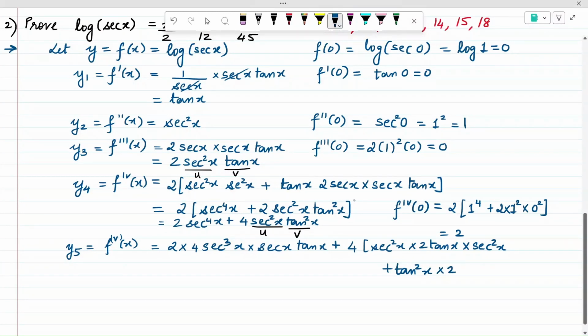The derivative of sec square will be 2 sec x, and the derivative of sec is sec into tan, chain rule, okay? Now I need to simplify this because I need the sixth order derivative also.